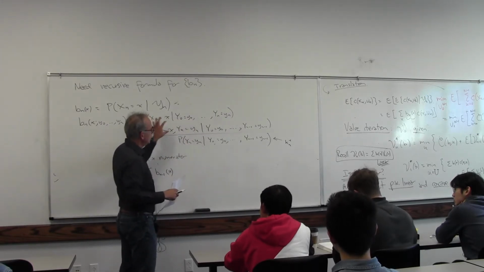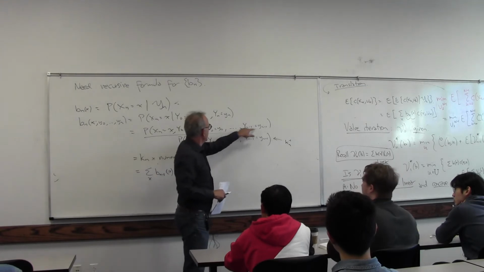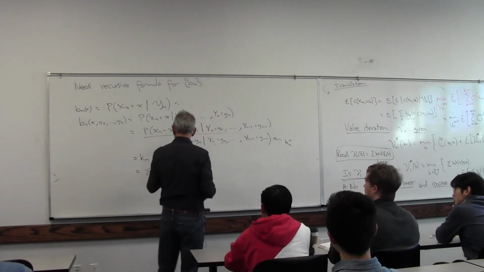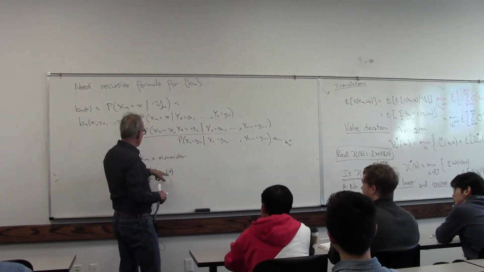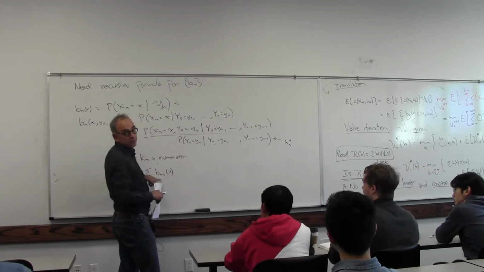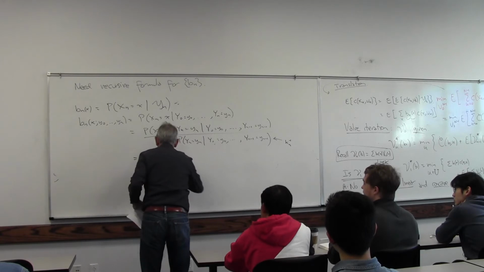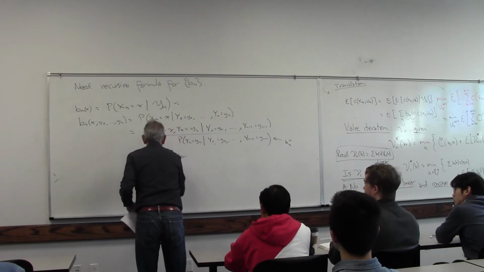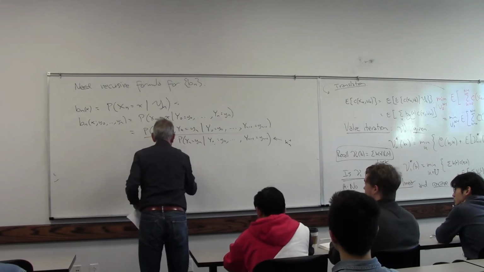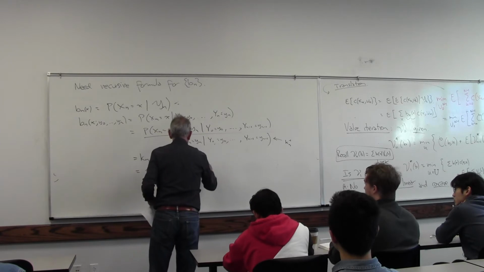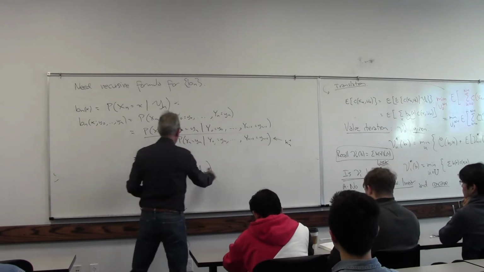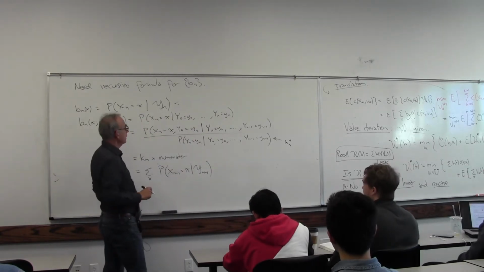So for this thing on the numerator, given all this data, it gives me the most likely place this state will be at time n minus 1. Well, actually, let me just write that down longhand. That's my guy here.